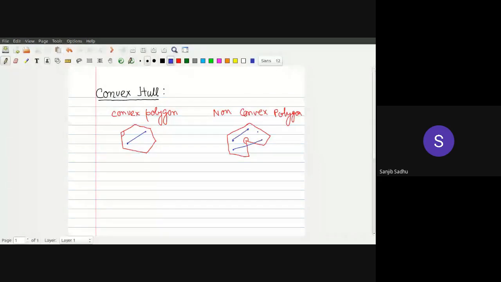Now this is a difference. Now we will show you the definition of convex hull. What do you mean by convex hull? Convex hull is defined for a given set of points. Suppose let P be the set of points lying on a two-dimensional plane.